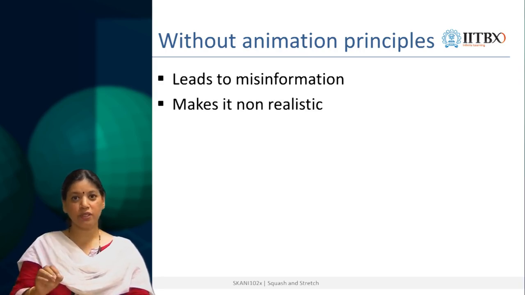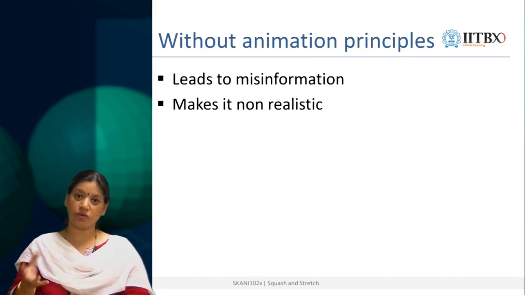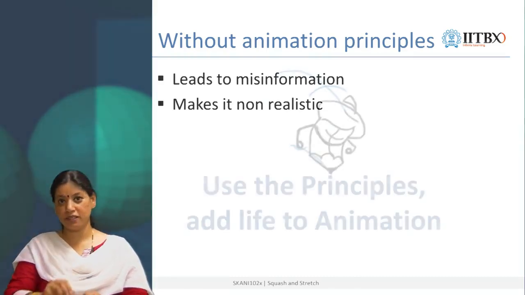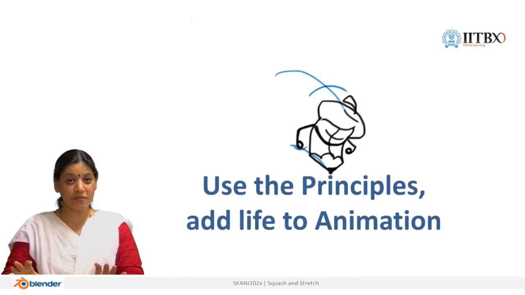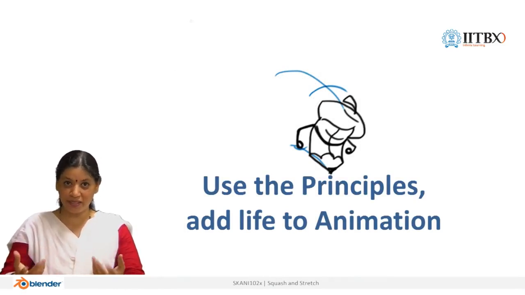So it is very important to use this principle to give a realistic effect to that particular element. So keep adding principles to your animation and make it more realistic. In future sessions, we will be adding some more principles. So keep watching.